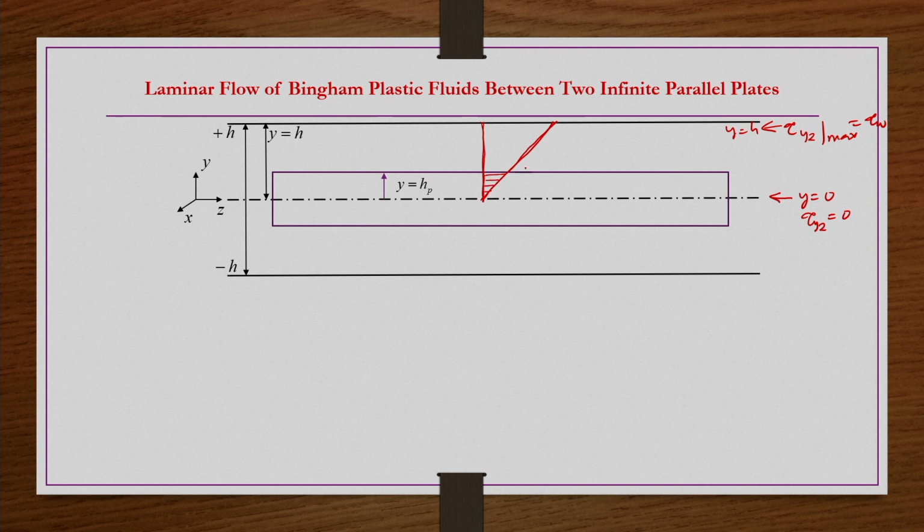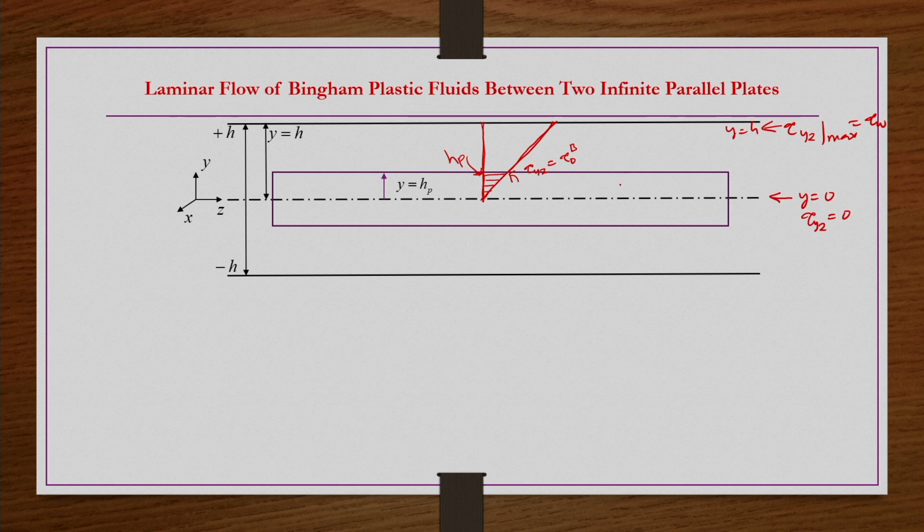There would be a point where tau yz becomes tau naught B, the characteristic yield stress of the material. That location we do not know, so let us call this point Hp, because now it is a Bingham plastic material.